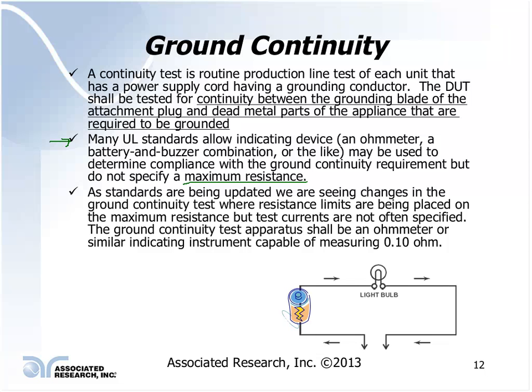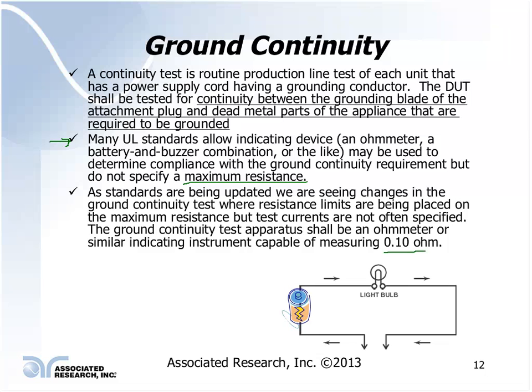Many of the safety standards today that are harmonized actually require a maximum resistance for this continuity test of 0.1 ohms. So they are getting better. Some of them specify a test current, some do not.